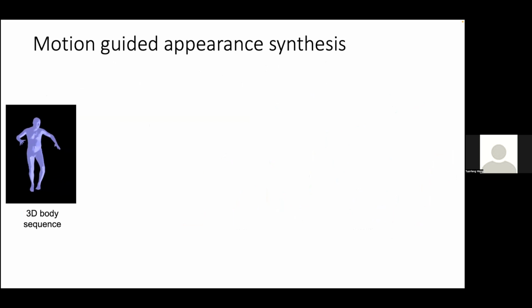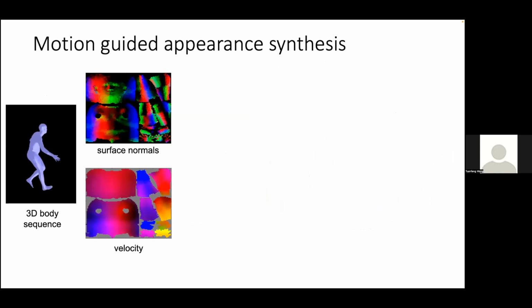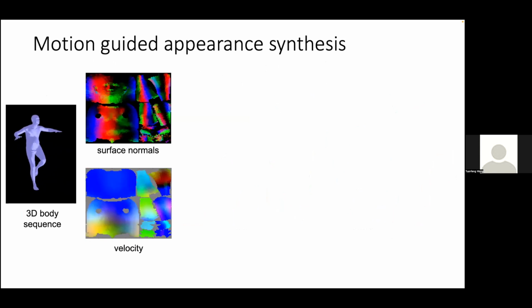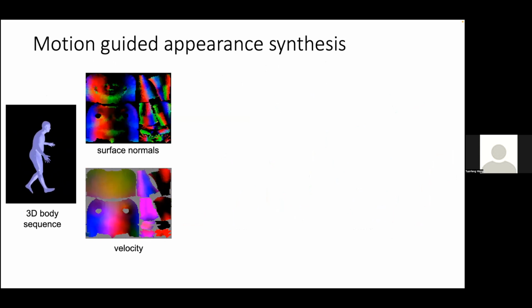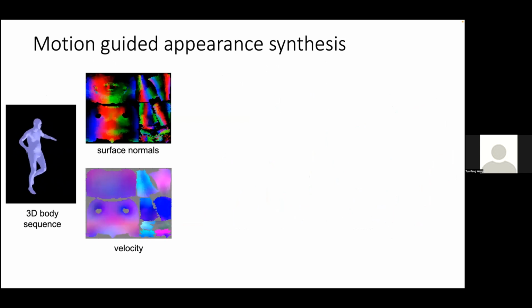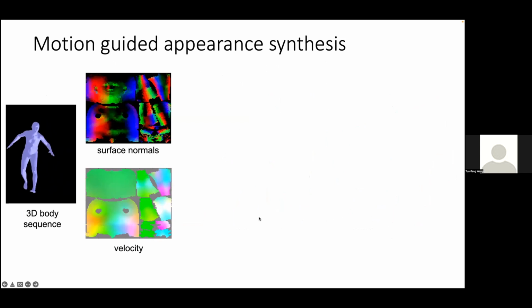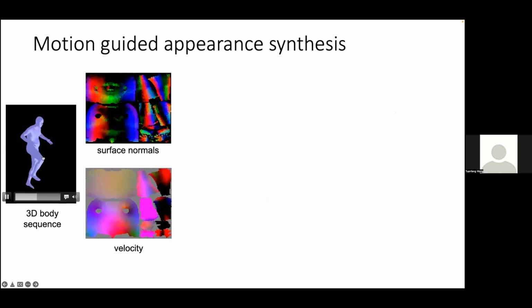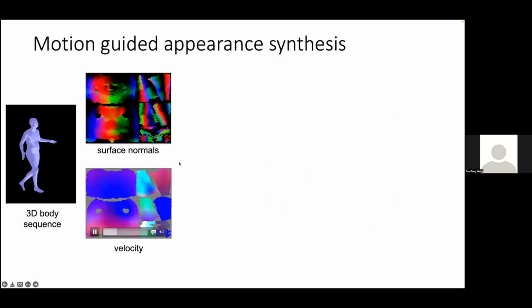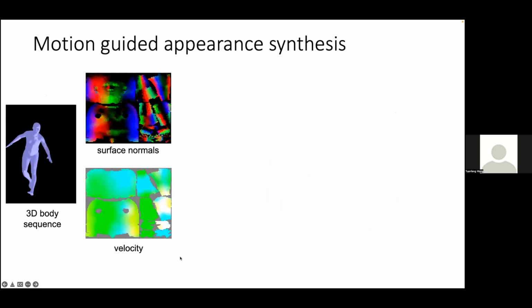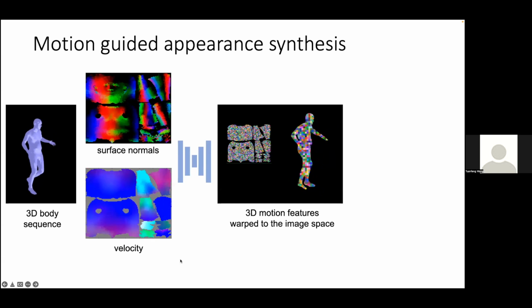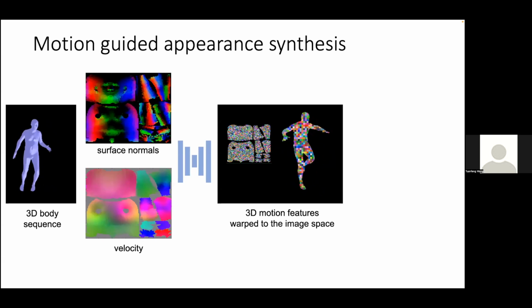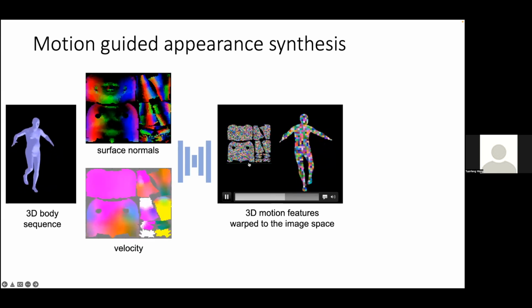Starting from the 3D body movement, because this is a simple body, we know the parameterization, so we can project everything into the parameter domain, calculate the normal of each vertex, and copy it to the UV domain, and the velocity as well. If we concatenate all the layers together and pass it through a neural network, it will give us a feature map in the UV domain as well.